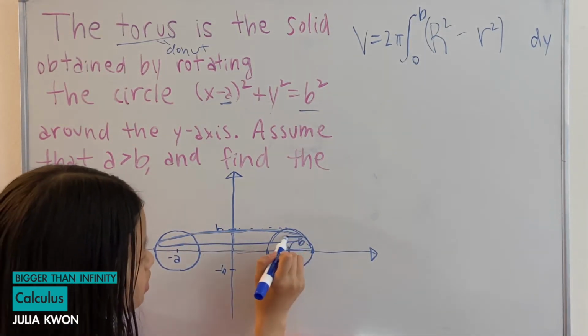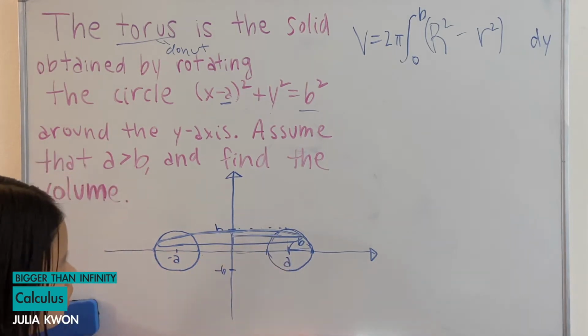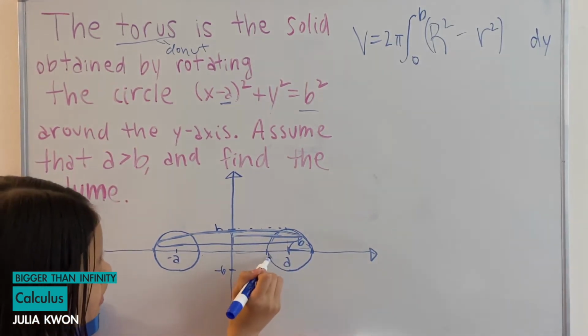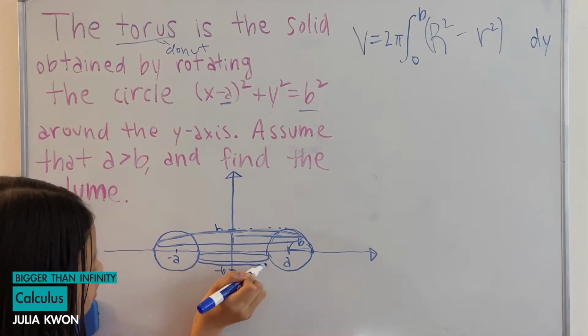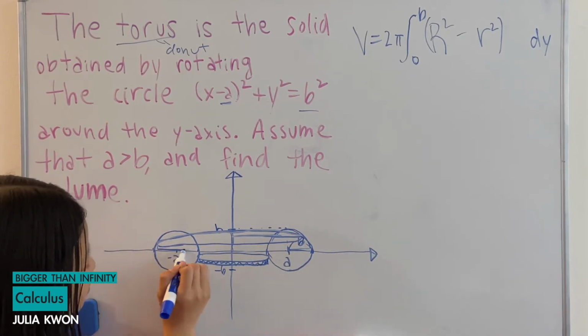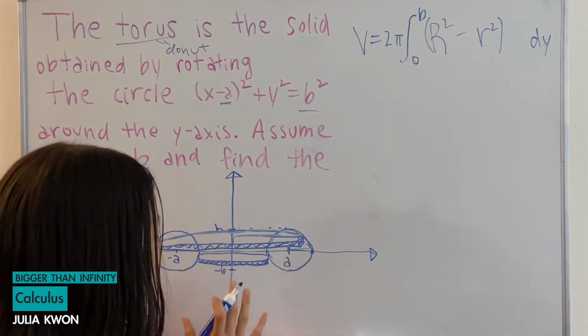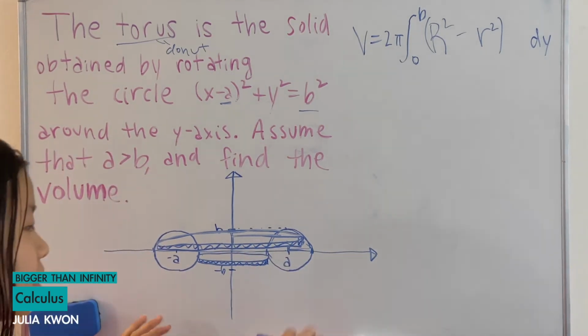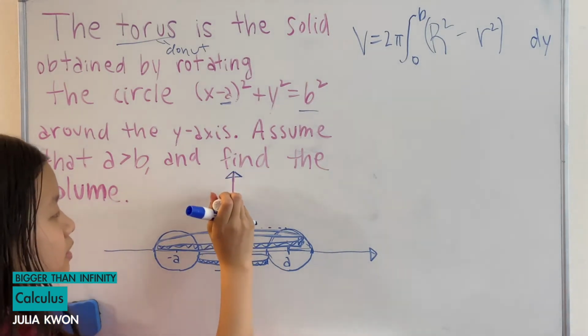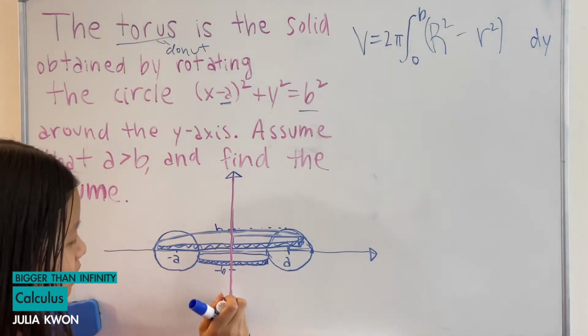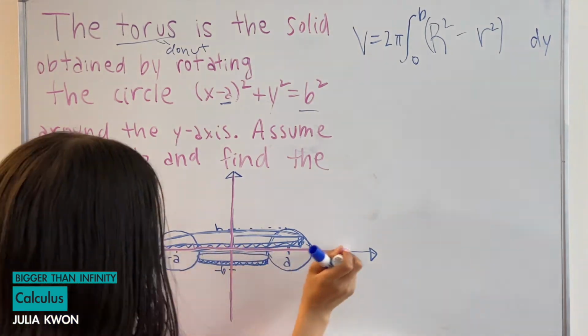And the radius is this. And our smaller disk would be like this. My drawing is really messy, but I hope you can get the basic idea of what this looks like.